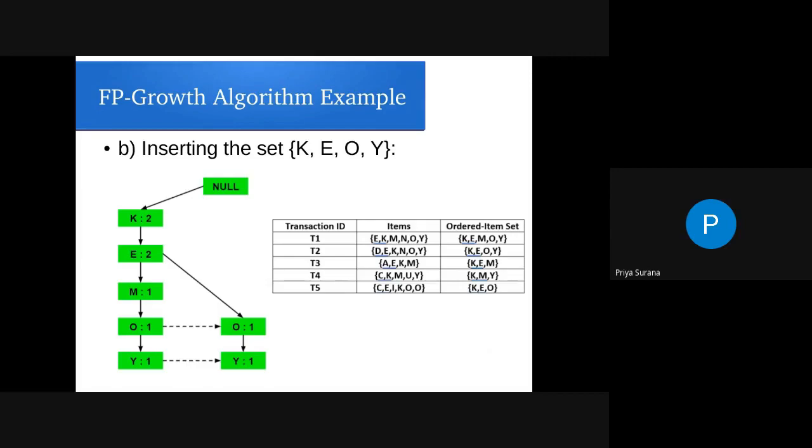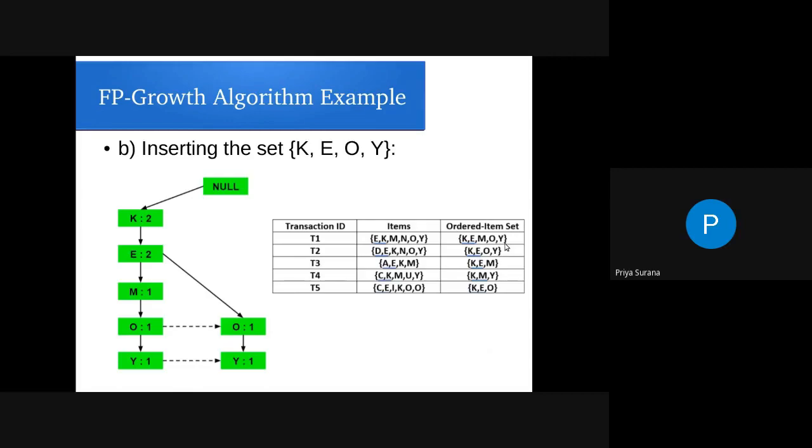On inserting O, we can see that there is no direct link between E and O. Therefore, atoms O and Y are inserted separately. A new node for atom O is initialized with support count 1 and atom E is linked to this new node. On inserting Y, we first initialize a new node for atom Y with support count 1 and link the new node of O with the new node of Y. So this is for transaction T2.